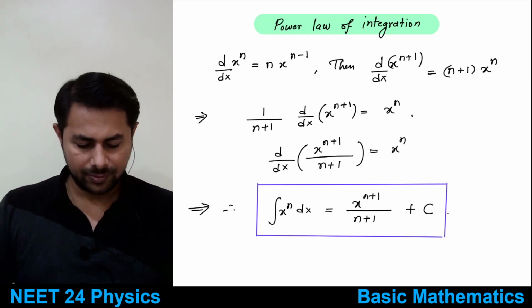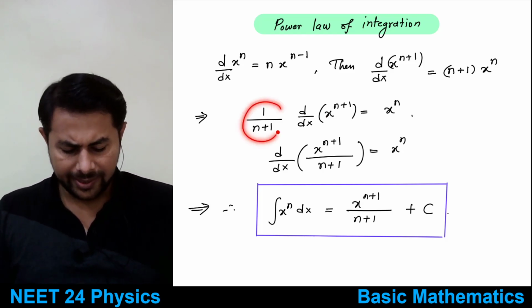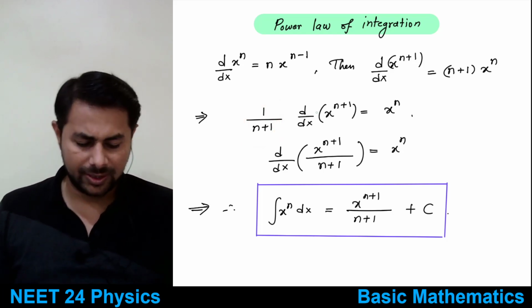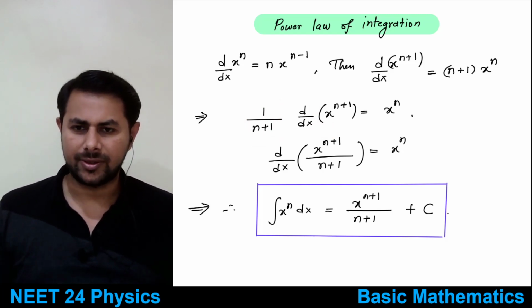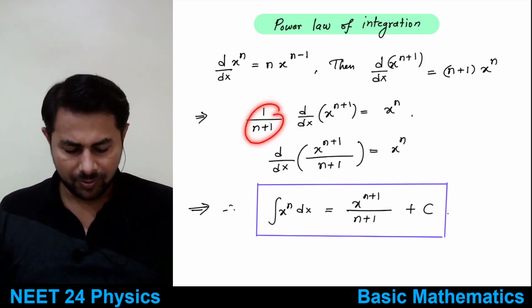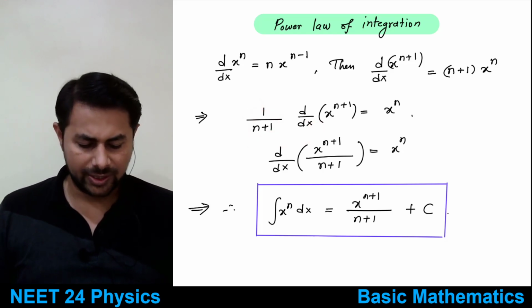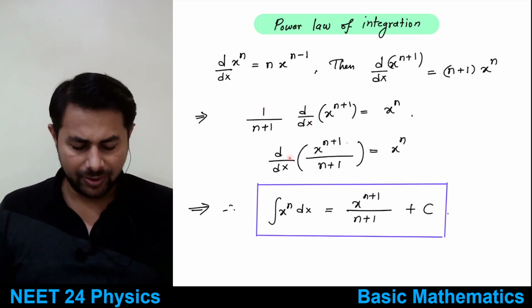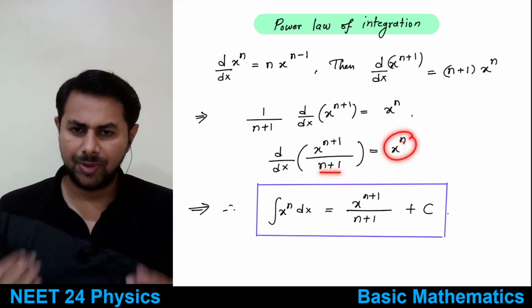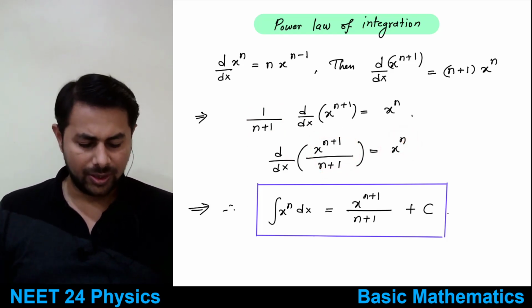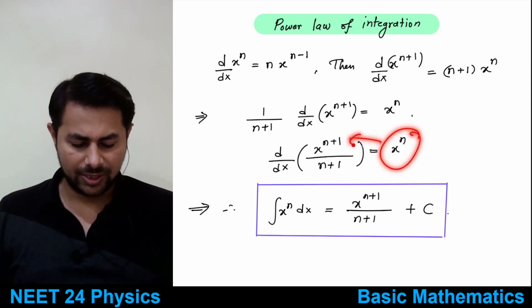I can take this 1 by n plus 1 inside, because it is just a constant. So the derivative of x raised to n plus 1 divided by n plus 1 gives me x raised to n, and therefore if I integrate this thing, I should get this thing.